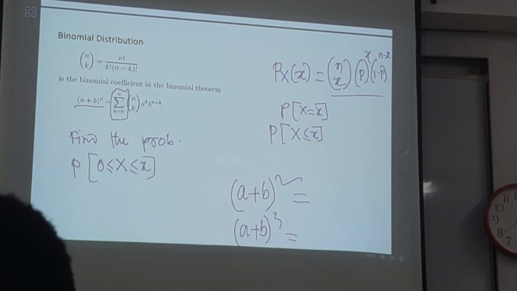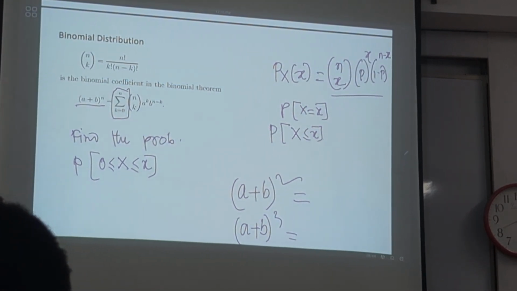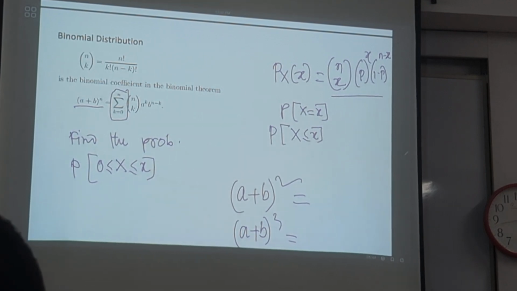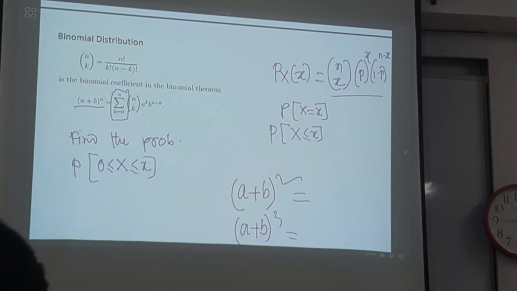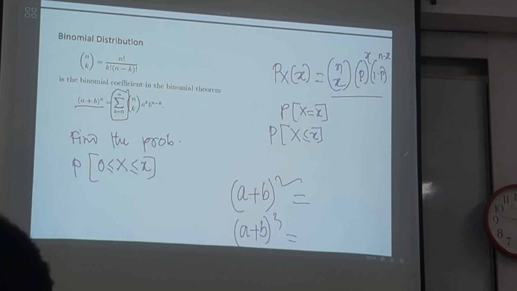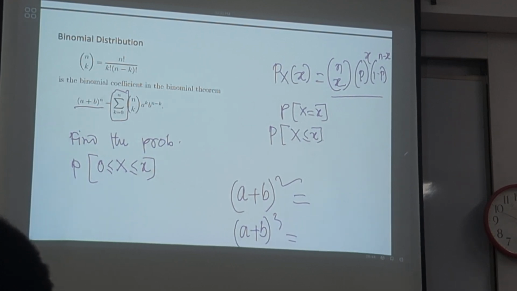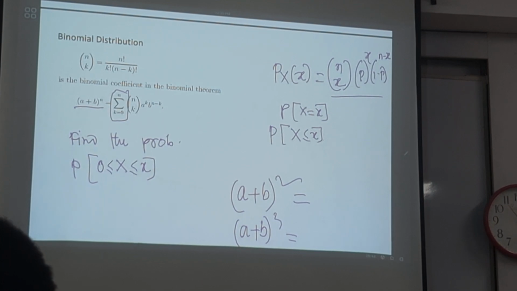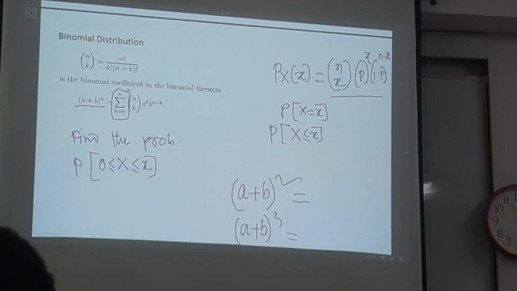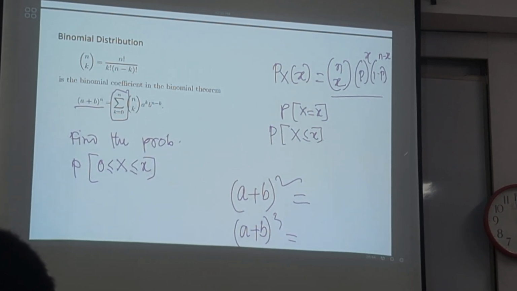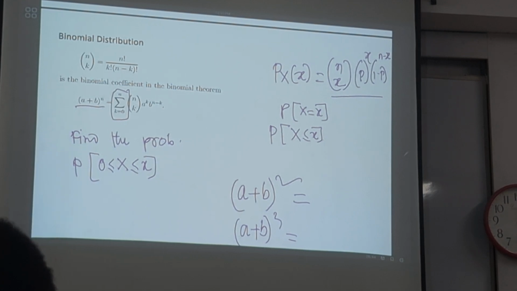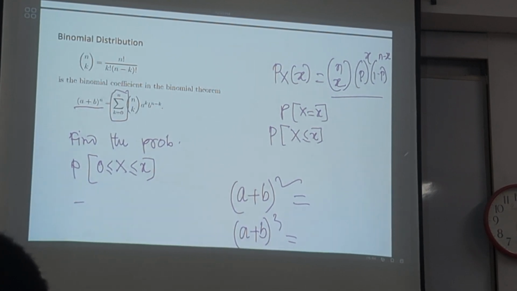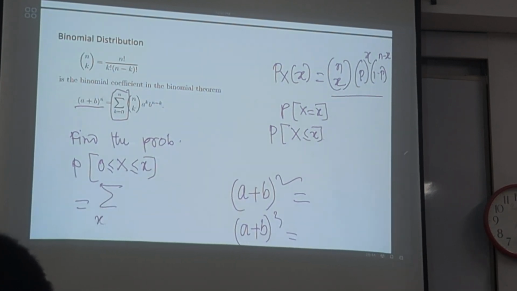This says what is the probability that there will be less than or equal to x successes. That will be the probability of 0 successes, plus 1 success, plus 2 successes, plus 3 successes, up to x successes.